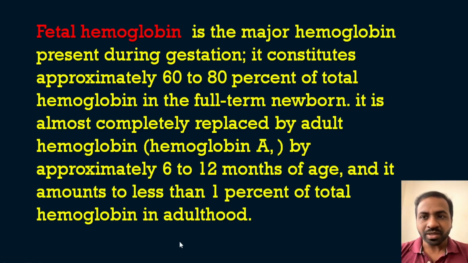So fetal hemoglobin is present in the fetal period, and when the child becomes 1 year of age it is replaced by adult hemoglobin. If it is present in adulthood, that indicates some abnormality.